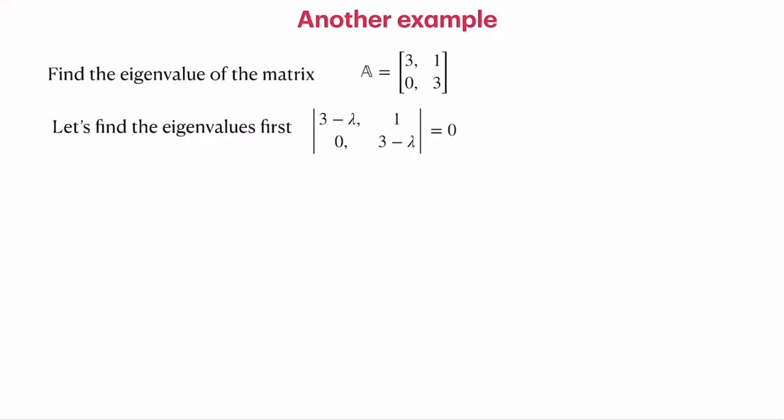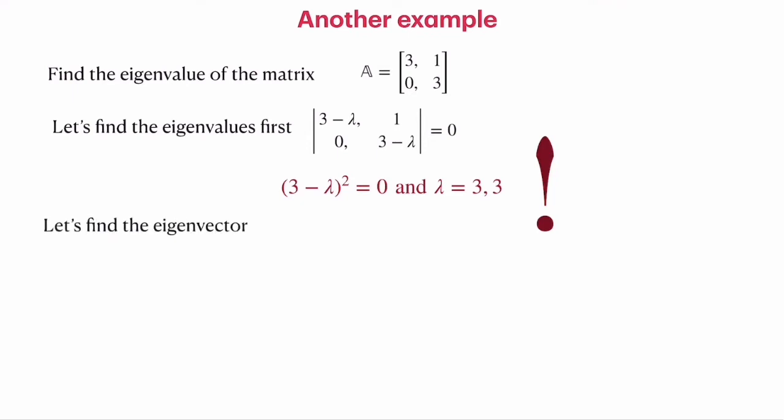We can straight away write down the characteristic equation with the determinant of 3 minus lambda, 1, 0, 3 minus lambda equal to 0, and the polynomial simply reduces to 3 minus lambda square equal to 0, resulting in eigenvalues 3 and 3, repeated eigenvalues. So it's not surprising, you can get repeated eigenvalues.